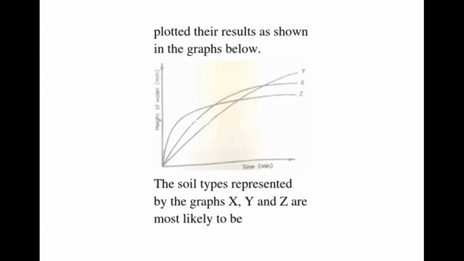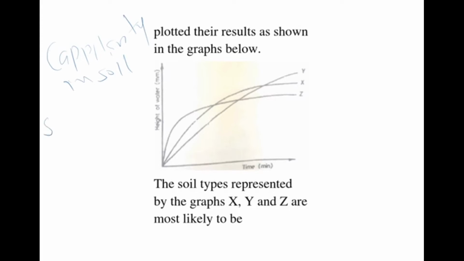So when we look at the experiment, it was trying to determine the capillarity in the soil. Capillarity is the ability of water to rise in soil. Water rises at different rates in different types of soil. We have three different types of soil.